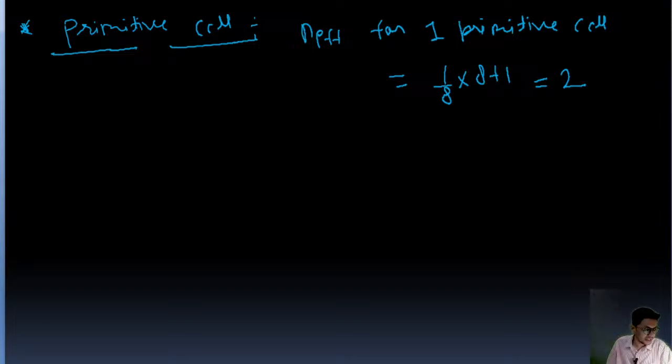And primitive lattice vector also you should know. For one cell, it is primitive. N effective for primitive cell is this.